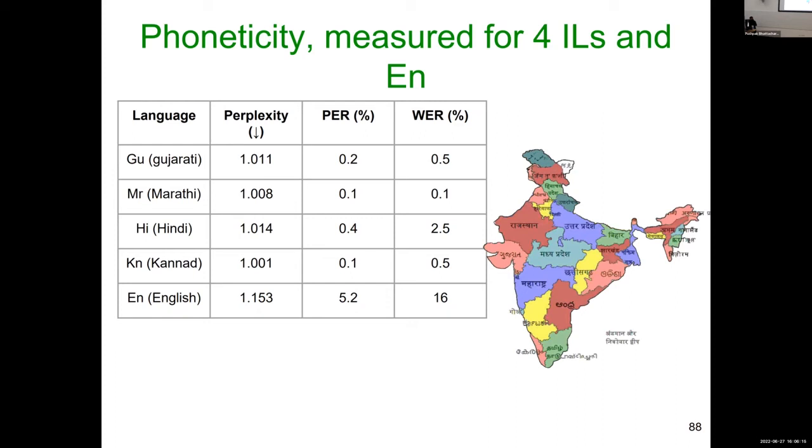The grapheme to phoneme ambiguity, which is a measure of entropy, is in the range of 1 for these languages. For English, it is more, 1.153. Actually, if the corpus increases, then we will see these differences to be much more significant. English should be a much more ambiguous language with respect to phoneticity. So we say that for Gujarati, Marathi, Hindi, Konkani, we don't need a phonemizer. So again, we conducted a large number of experiments, and these results are now under review.